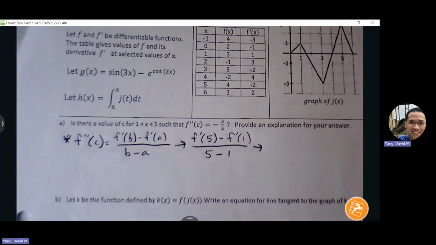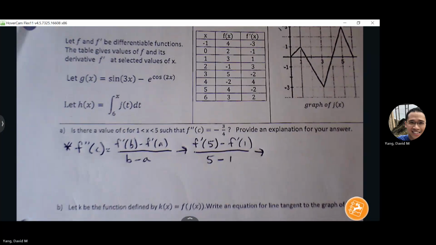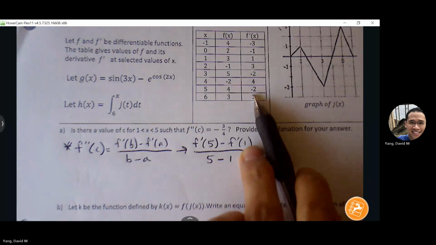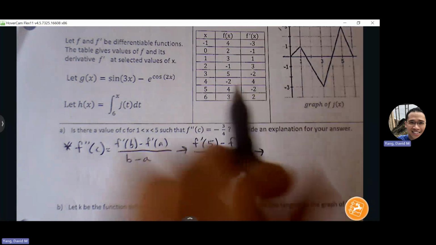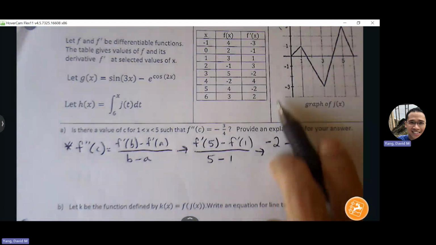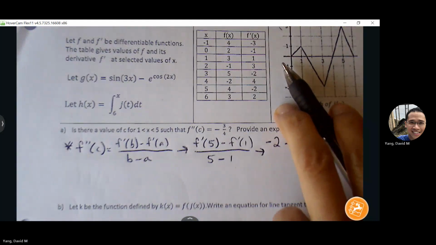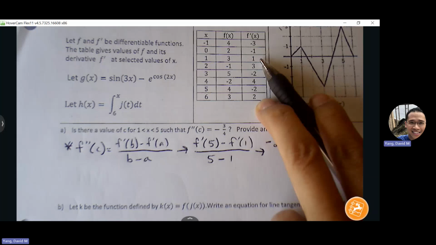All right, what's the value of f prime of 5? -2. Okay, -2. Just pull it from the table. Minus, what's f prime of 1? It's 1. Okay.